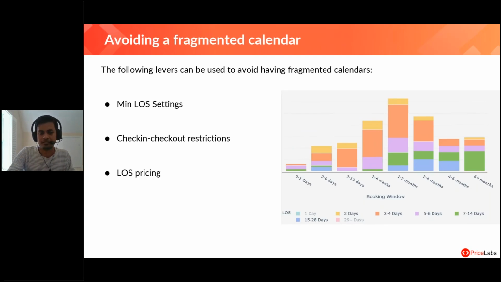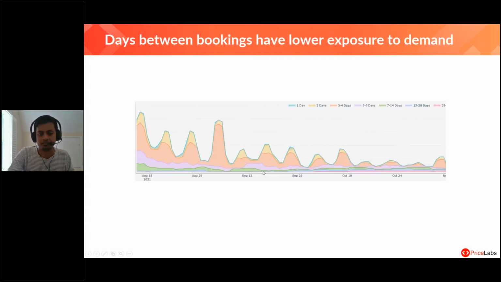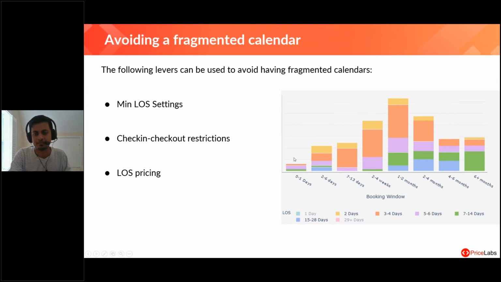Now, the same data that was shown here, I've plotted in a different way, where this is breaking down what kind of length of stay bookings come by lead time. One of the things you'll notice is that far out, 6+ months out, a lot more stays tend to be longer, which is something we have seen in plenty of markets.